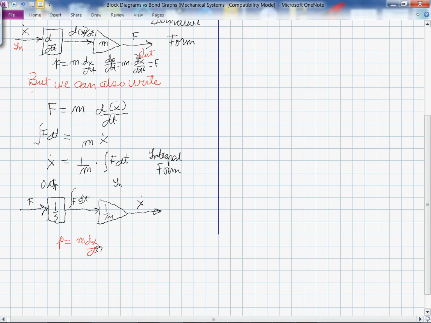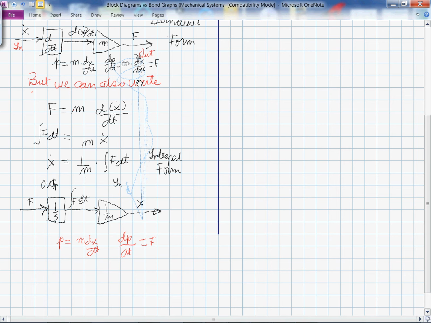But from up there we have learned that dp dt is equal to f, and based on what we have in here, we can put it in this form.